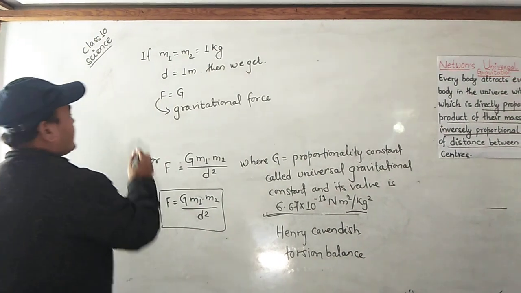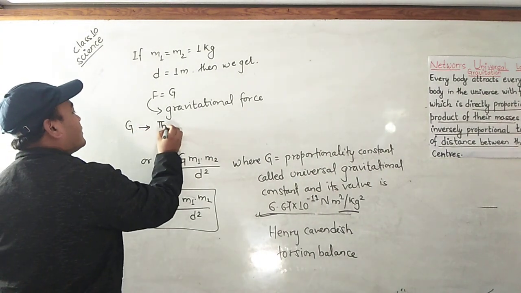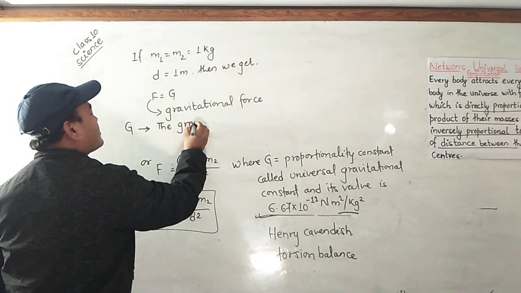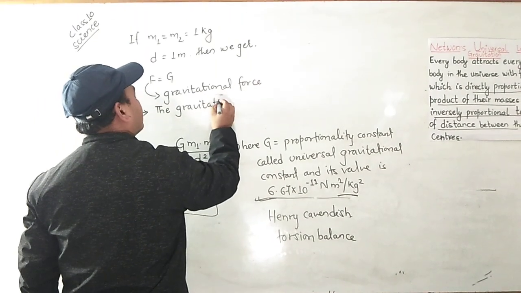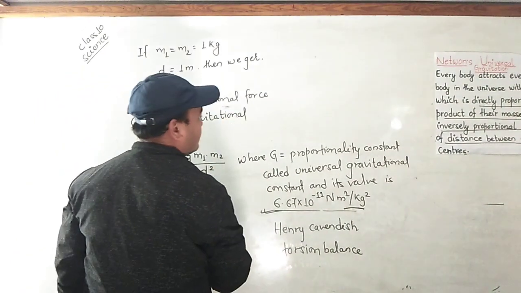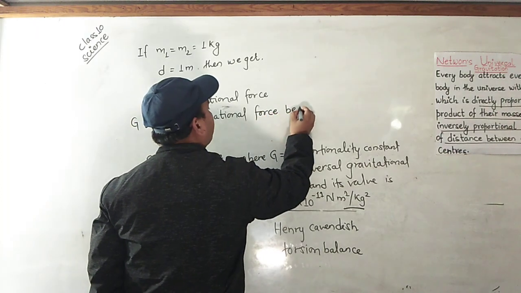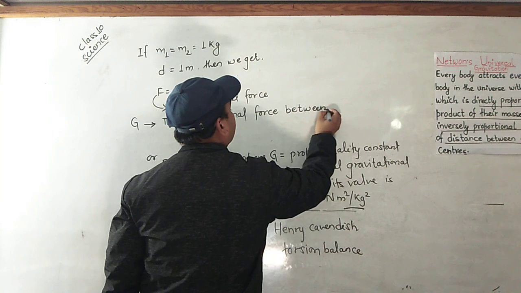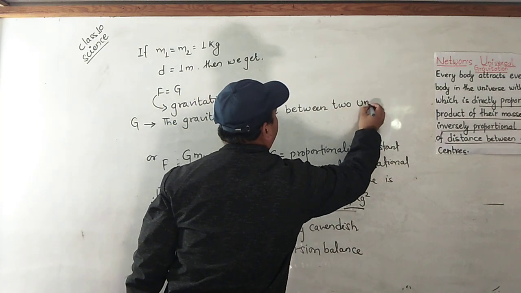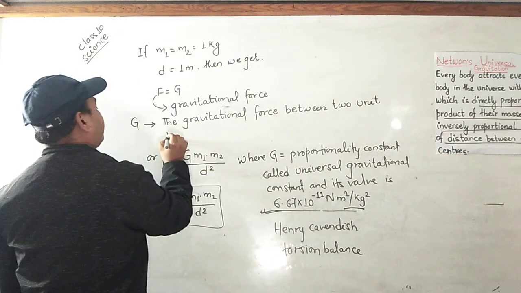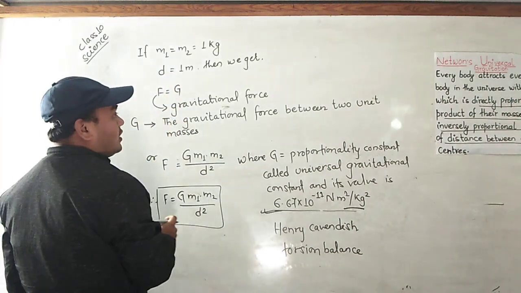So now we can define capital G as the gravitational force between two unit masses. Remember, unit masses mean 1 kg.